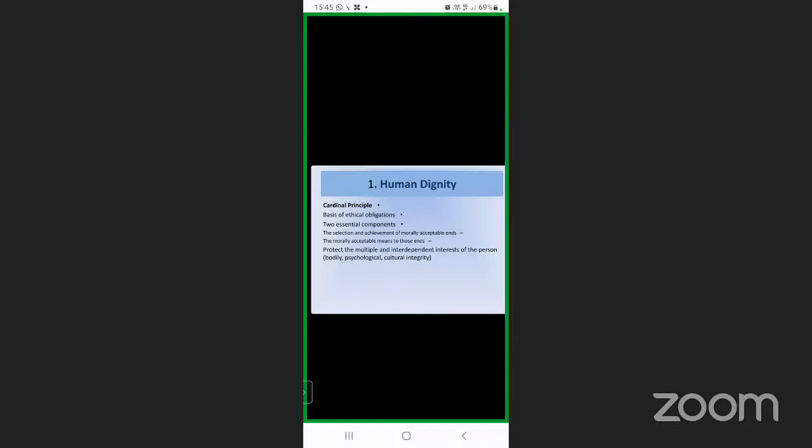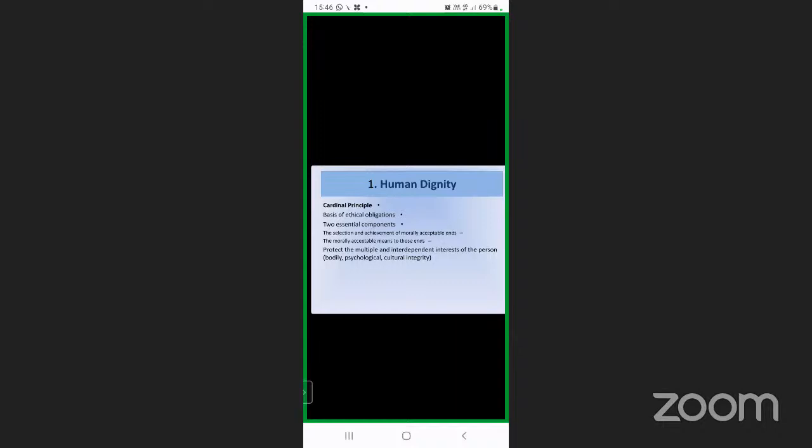Okay, so two essential components are there with human dignity. One is the selection and achievement of morally acceptable ends, and the second is morally acceptable means, those ends which protect the multiple and independent interests of the person. Which are the types of these different interests?